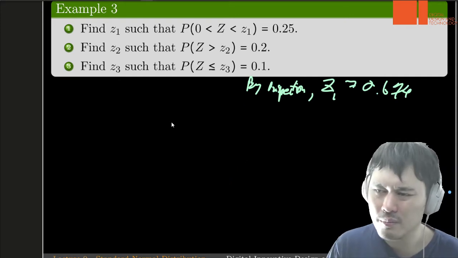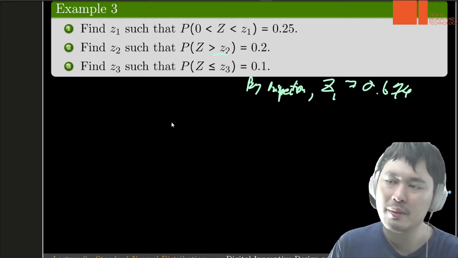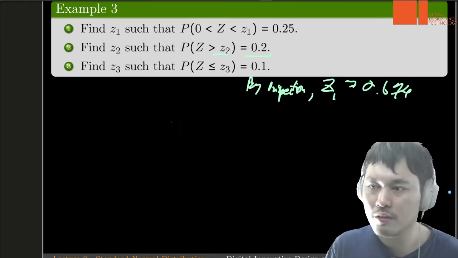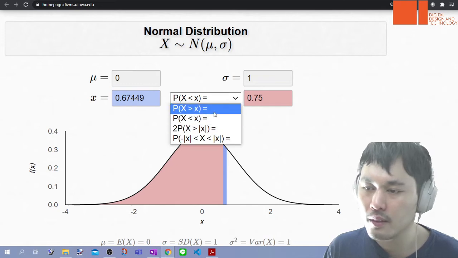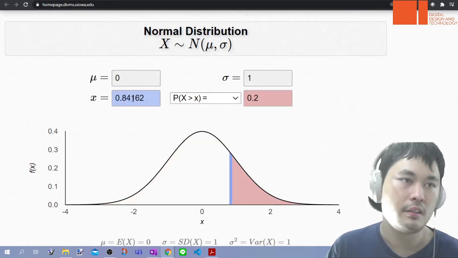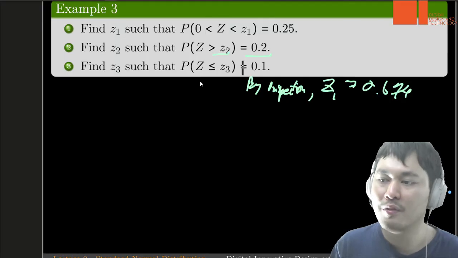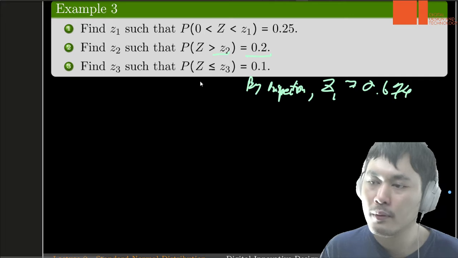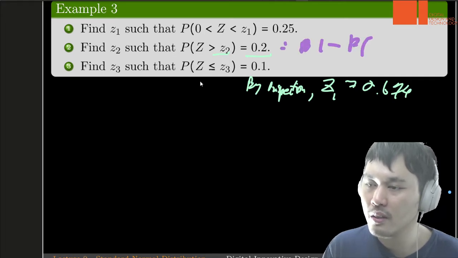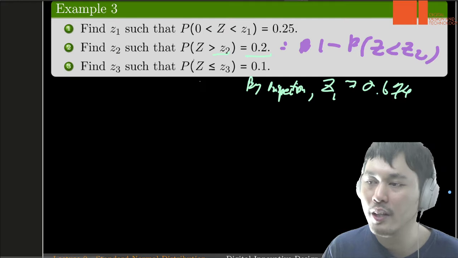The second one: you want to find the point where the left part is 0.2? Sure, of course. You want that to be 0.2, and there it is, 0.8162, which is the value that we got before, because the area to the right is 1 minus the area to the left.